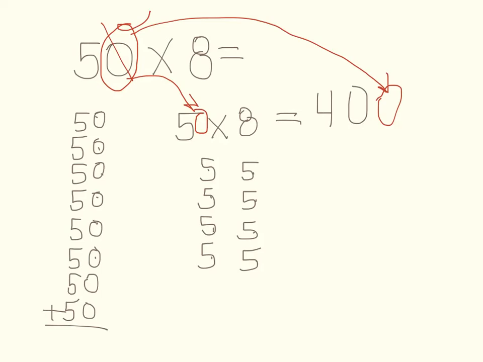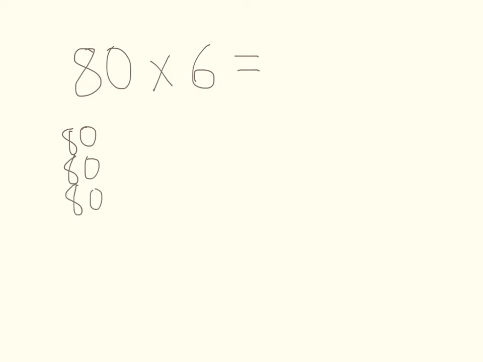Let's do another one. Let me see if I can make this one a little bit harder. 80 times 6. A little bit harder. So the traditional way to do it would be to do 80 plus 80 plus 80 plus 80 plus 80 plus 80.